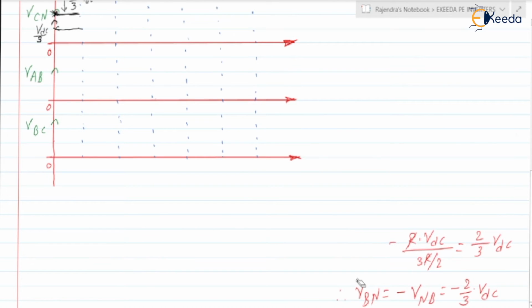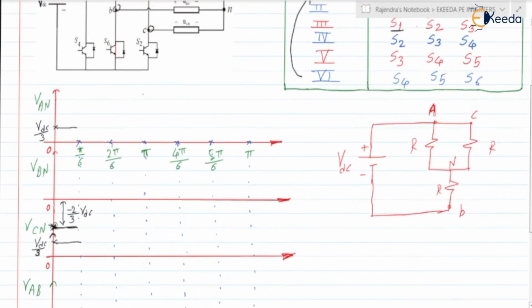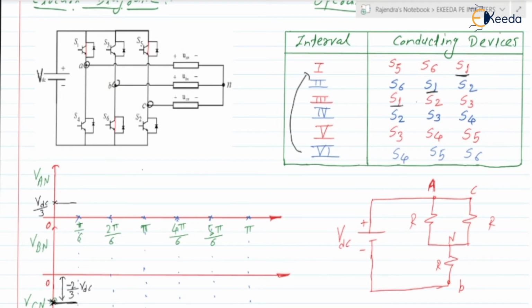Switch number 6 is in the on state, 1 is in the on state, 5 will be in the off state now, and switch number 2 will be in the on state. So 612 will be in the on state.